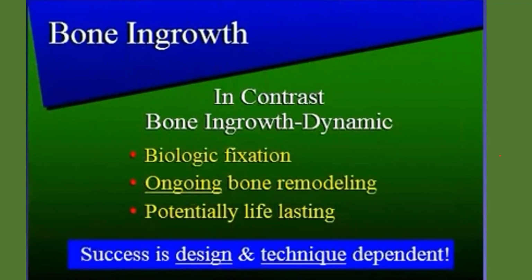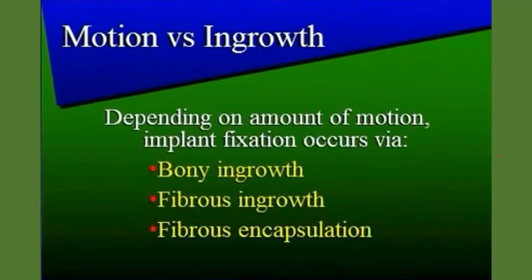We like pores to be between 50 and 150 microns. That's it. Be life lasting. Depending on the amount of motion, implant fixation occurs via bone ingrowth. If there's too much motion, it becomes a fibrous ingrowth. And if severe, it's a fibrous encapsulation.